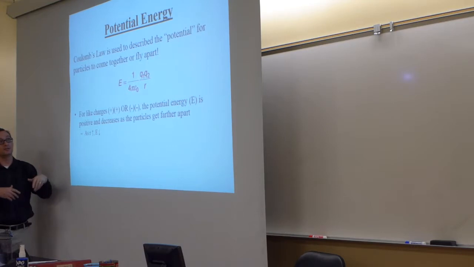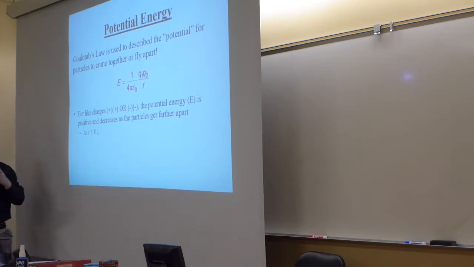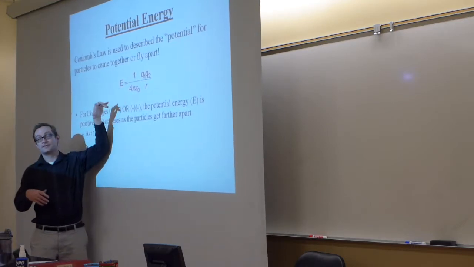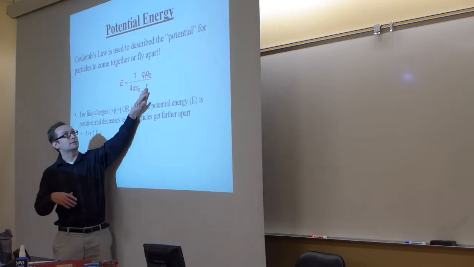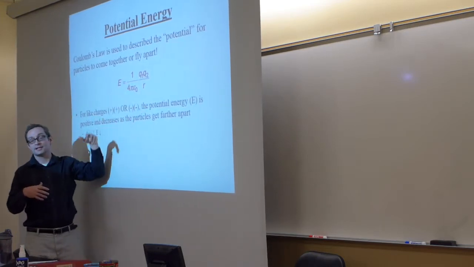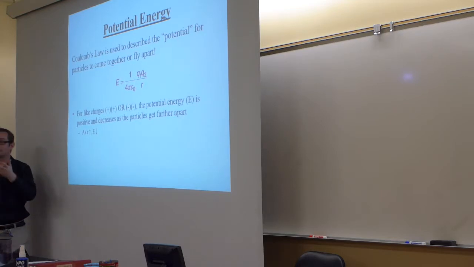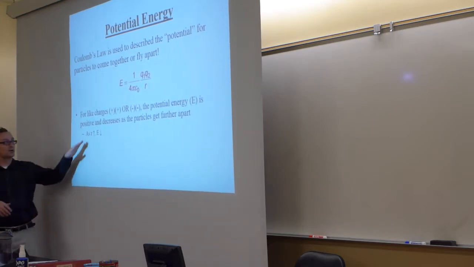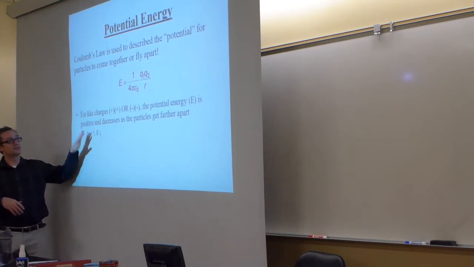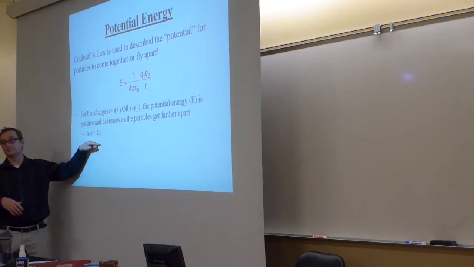Okay, so if one's positive and one's negative, the potential is going to be negative, but as R increases, it becomes less negative, meaning it becomes more positive, and the potential energy increases. Okay, so as R goes higher, divided by a larger number, E gets lower.